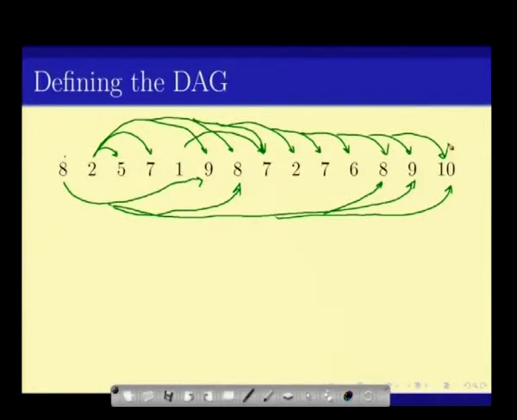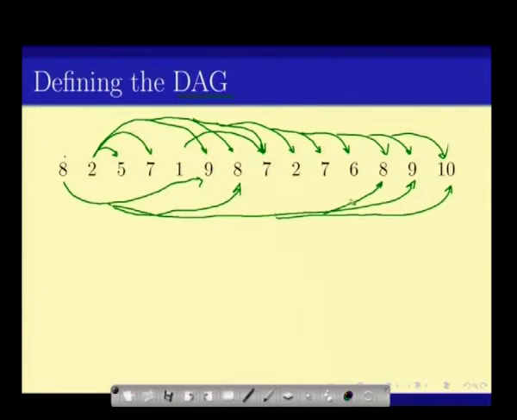Note that all the edges are going from left to right, and we will not have any cycles, because if you start from any point, say for example 2, you will only go right. So, you cannot come back to itself. So, it does not have a cycle, it is a directed graph. So, it is called a directed acyclic graph, and thus the name DAG.